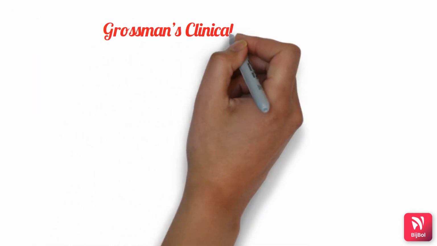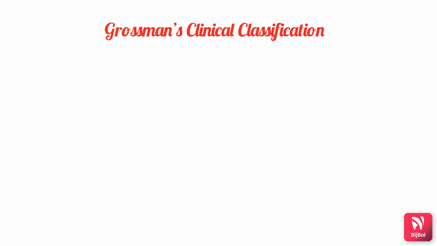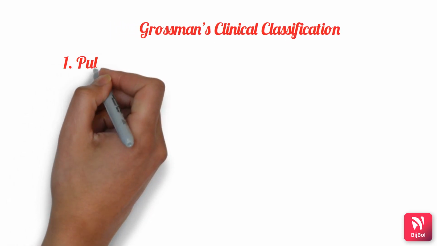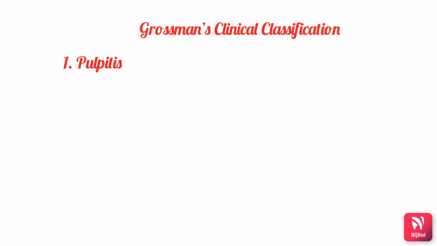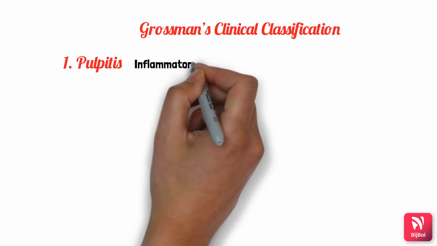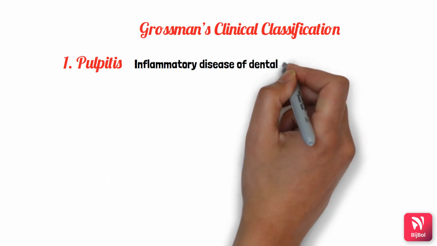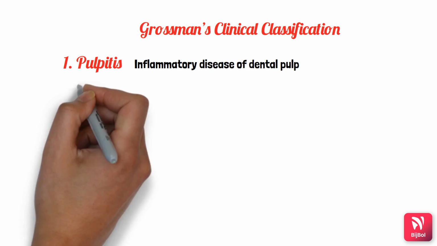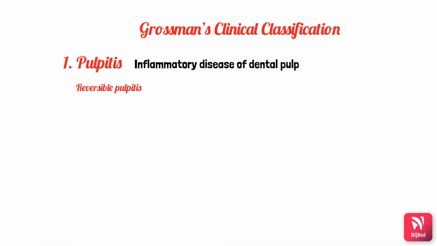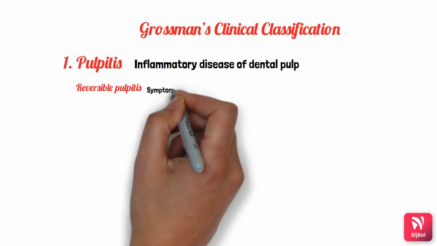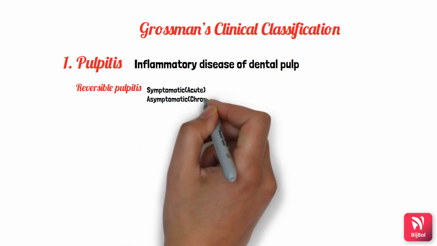If you see the classification of pulpal diseases, according to Grossman, it is pulpitis, which is the inflammatory disease of the dental pulp. It is further classified into reversible pulpitis, which may be symptomatic or acute, or asymptomatic or chronic.